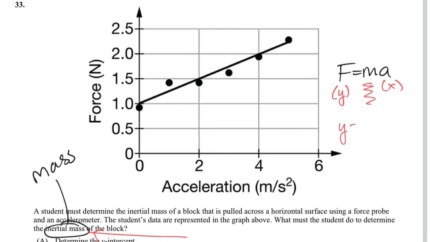Mass is going to be in the position of this y equals mx plus b equation. So I'm going to point this out. Mass is going to be the same thing as this m, which is not mass, it's actually going to be slope. So the slope of the line is going to equal mass. Okay, so that's going to be letter B.